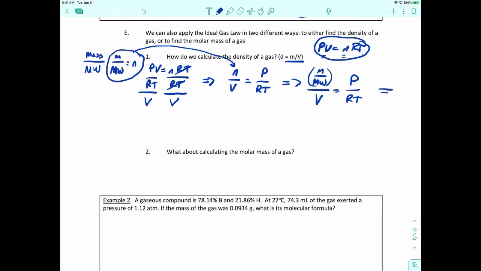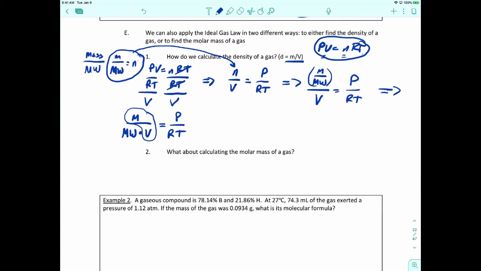So let's rewrite that. The mass divided by the molecular weight times the volume is going to be equal to pressure over RT. Now, M over V, this part here, if we were to ignore the molecular weight, which we can't, but if we did, that would be our density term. So we're getting closer.